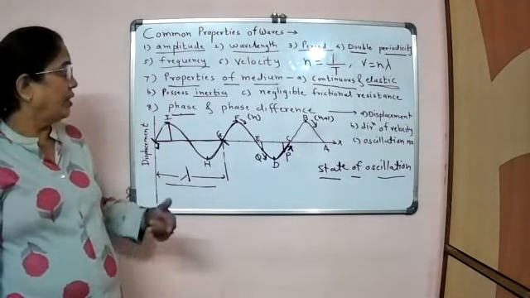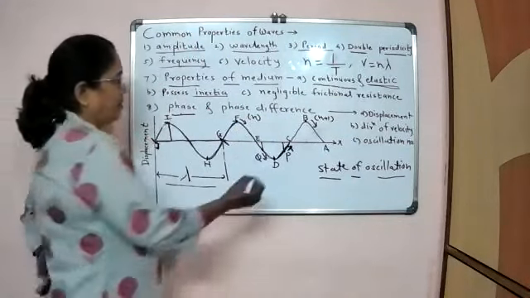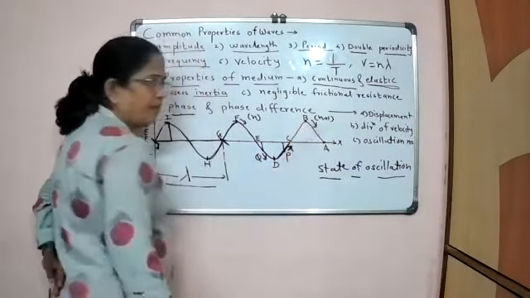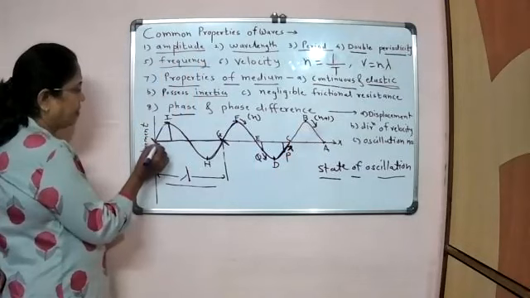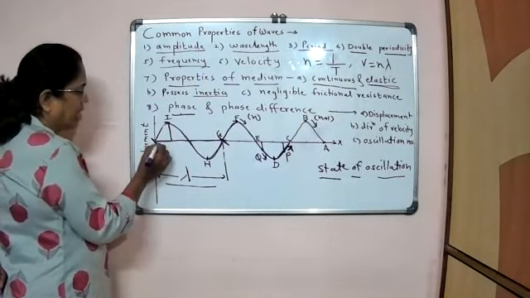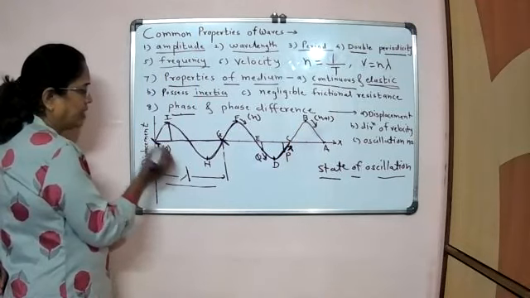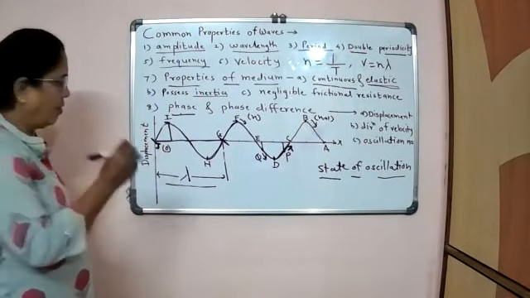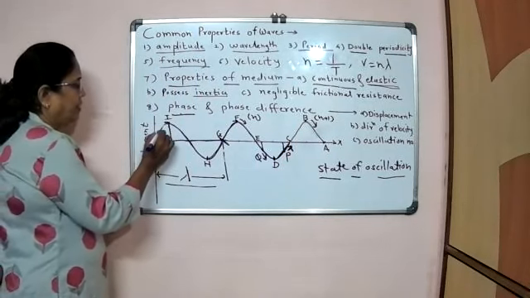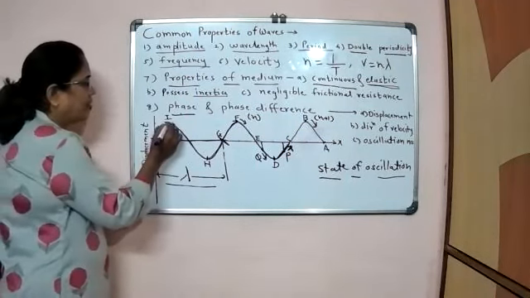And now we will move towards phase difference. See, what is the phase difference between A and B, or what is the phase difference between J and I. If we start from particle J and the phase angle of particle J is 0, then see, we have completed quarter of the wave.